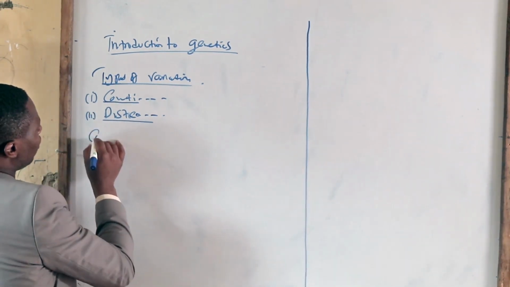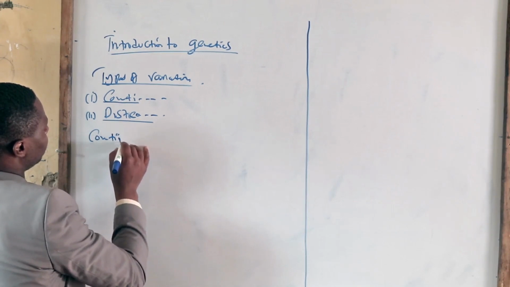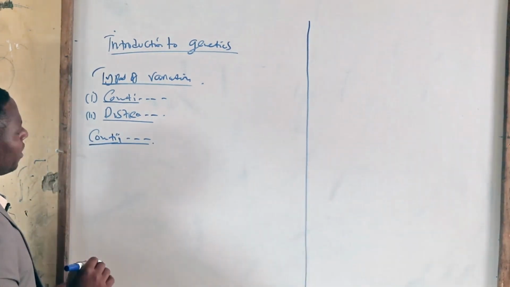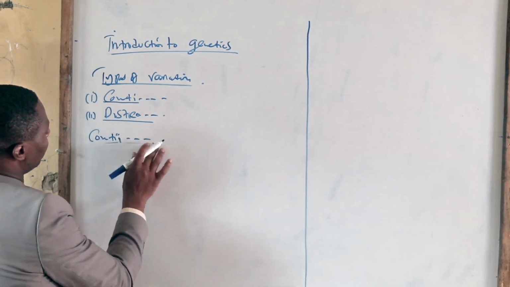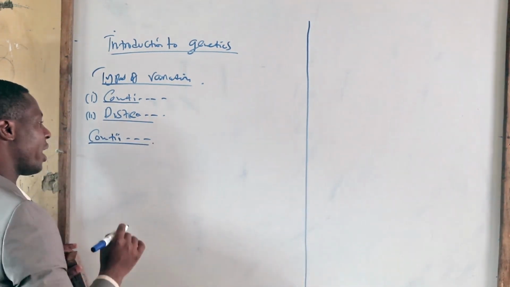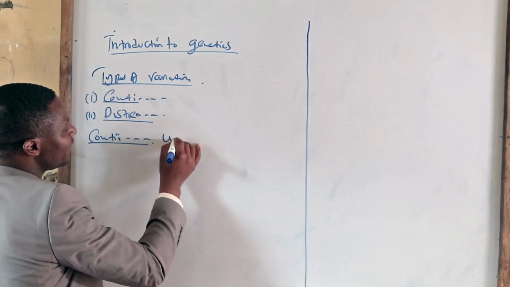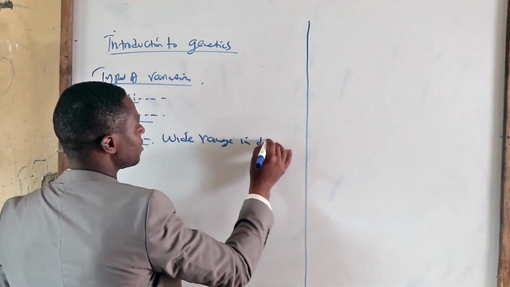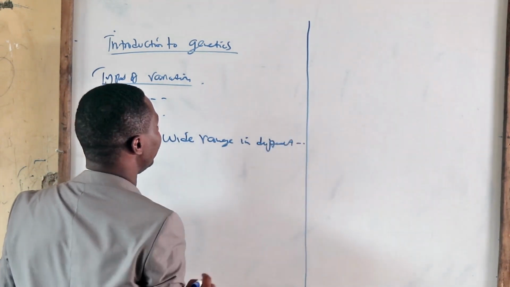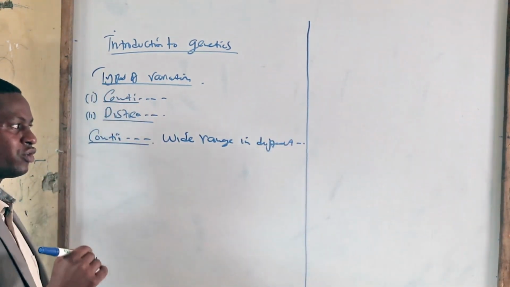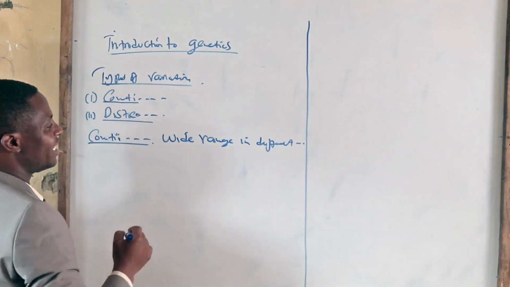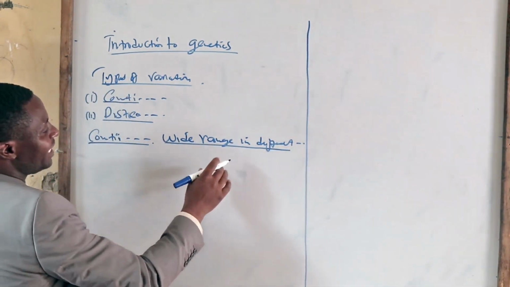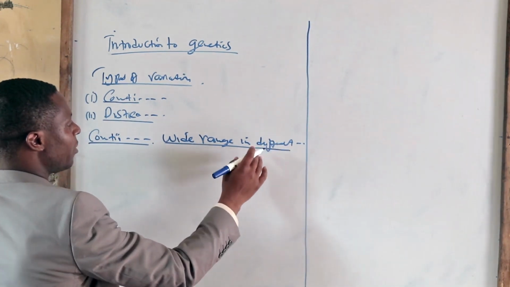Let's start with continuous variation. Continuous variation is a state whereby there is a wide range of difference in characteristics of a particular trait.